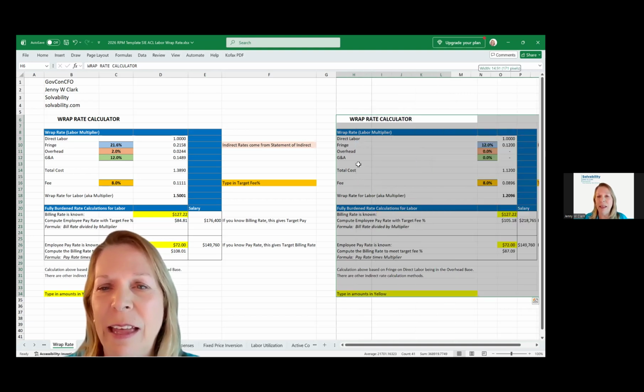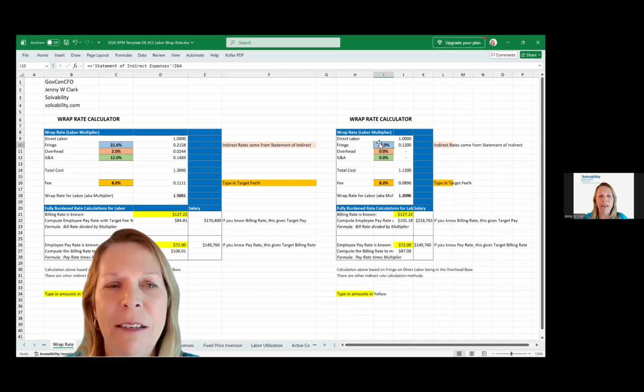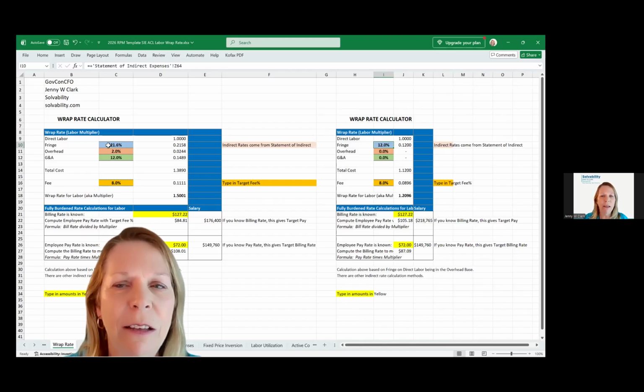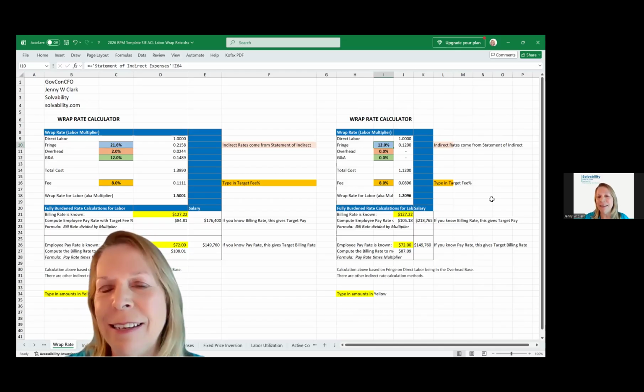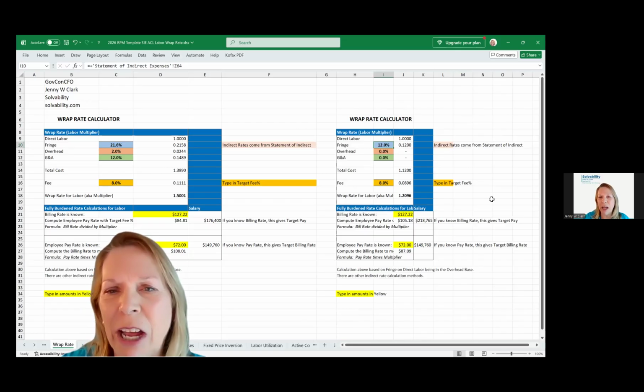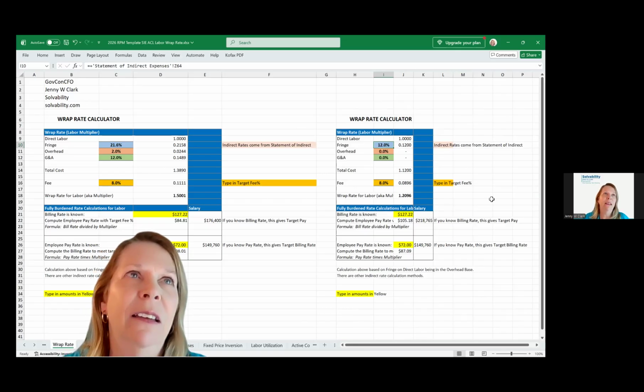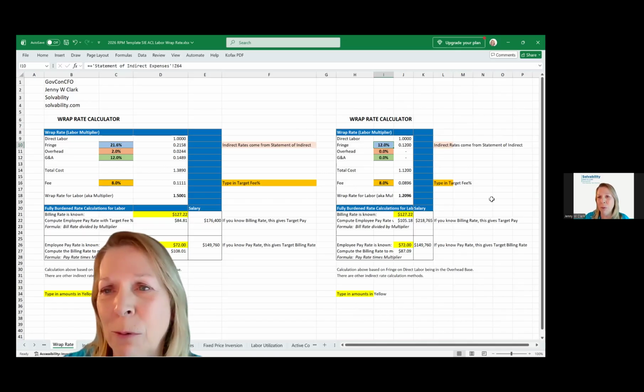These are linked cells. I don't want to change them over here, so I'll change them here. It didn't link correctly, so that's why it's got weird numbers. Okay, so I'm just going to type over and say, you know what? We are brand new. I'm not paying anybody leave. Most of the people are not going to be full time.